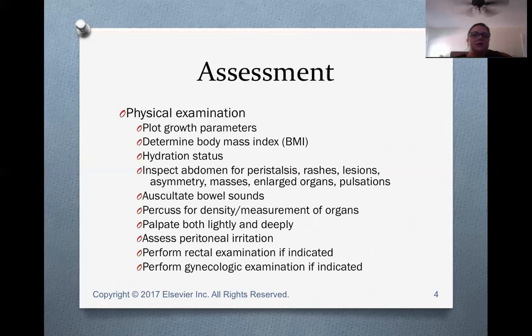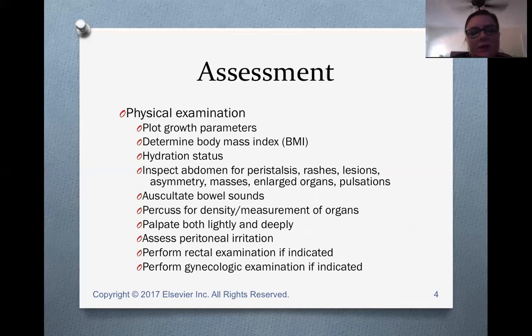So just to review the physical exam part as far as GI assessment. We don't do a lot of rectal examinations in pediatrics other than at that initial newborn exam. Definitely we have to make sure the anus is patent and check the rectal tone.